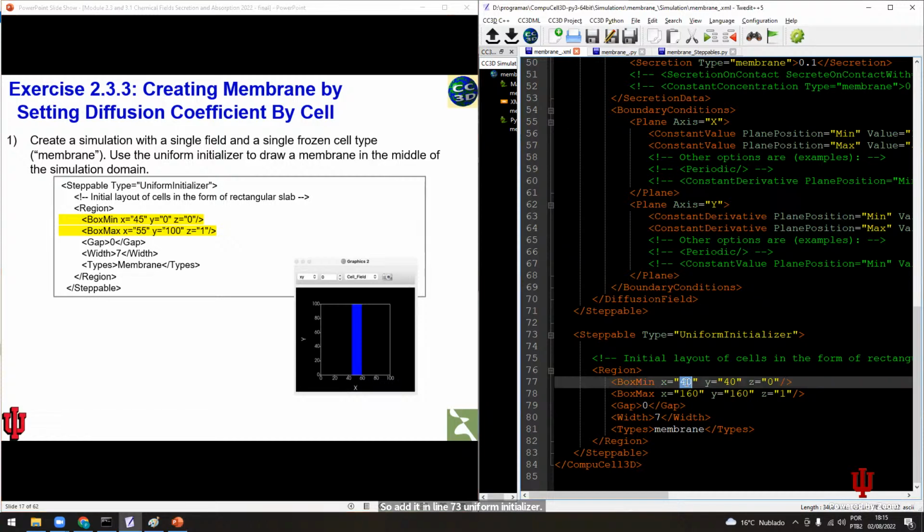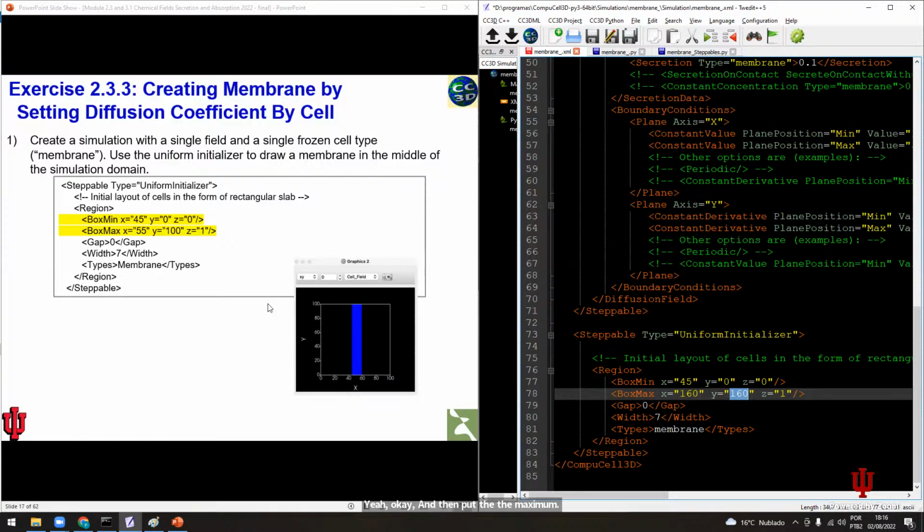Change the box minimum for X and Y to 45 on X and 0 on Y. So our membrane should go from 0 to maximum, okay? And then put the maximum.